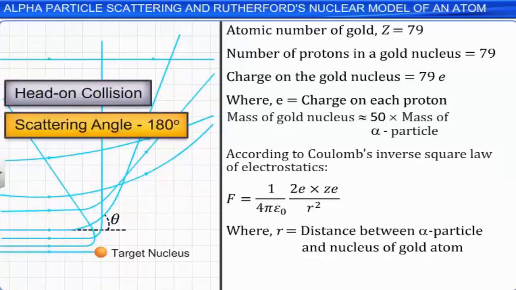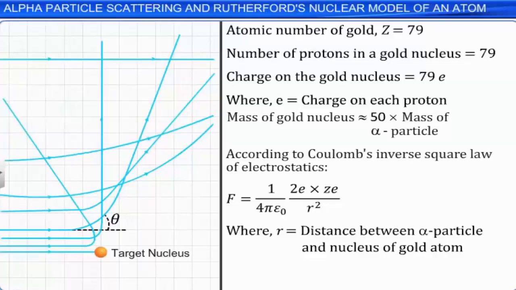Therefore, such alpha particles bounce back. Since very few of the incident alpha particles undergo head-on collision, it can be said that the mass of the gold atom is concentrated in a very small region called the nucleus.